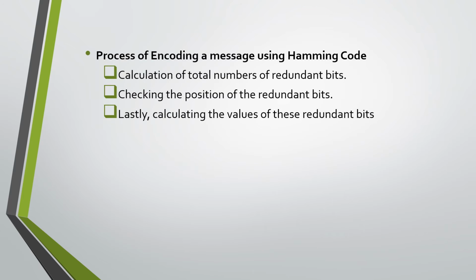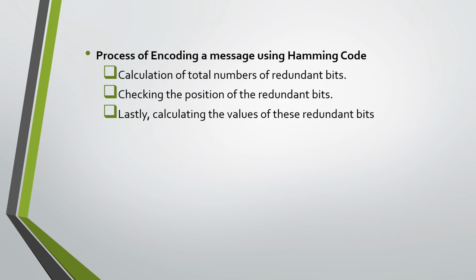Next, the process of encoding a message using Hamming code. For that purpose, first we calculate the total number of parity bits if we have the number of data bits. For that, use the formula 2 raised to r must be greater than or equal to m plus r plus 1.